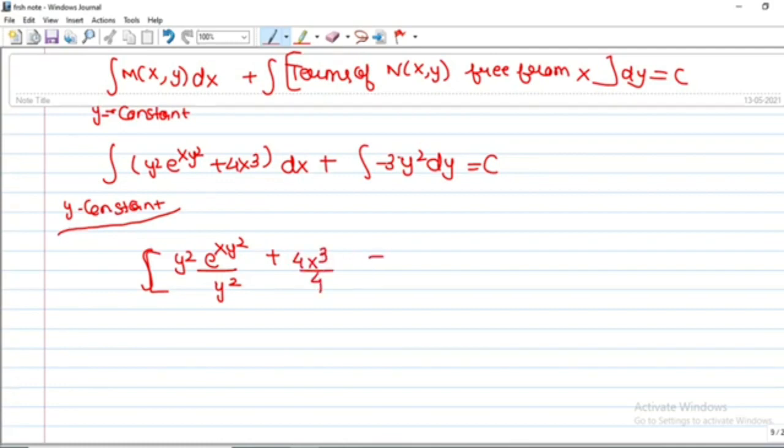Now if you integrate this, minus 3y cube by 3 will appear, and finally a constant. So this gives you the answer xy square plus 4x cube minus y cube. I hope you have understood. This is our answer.